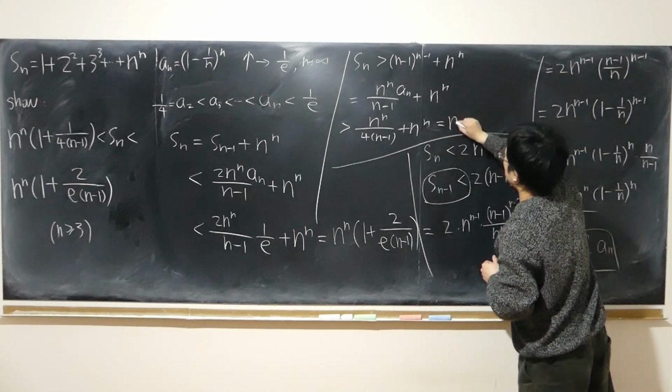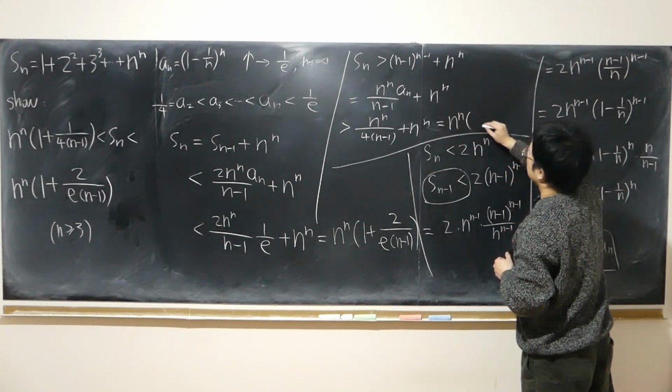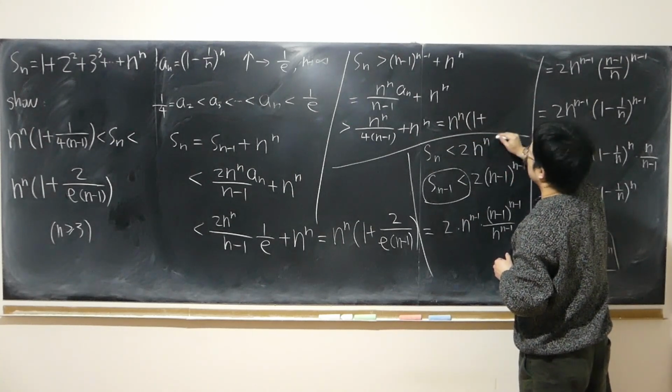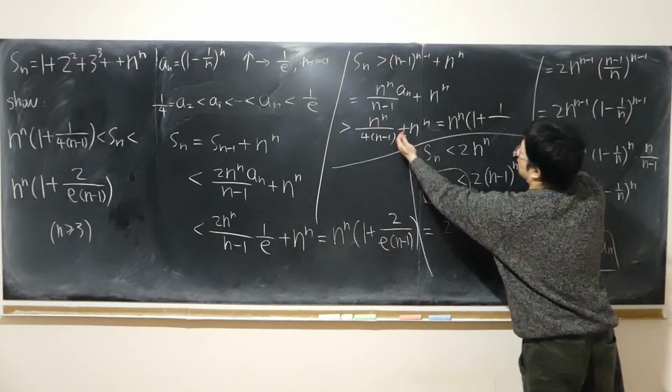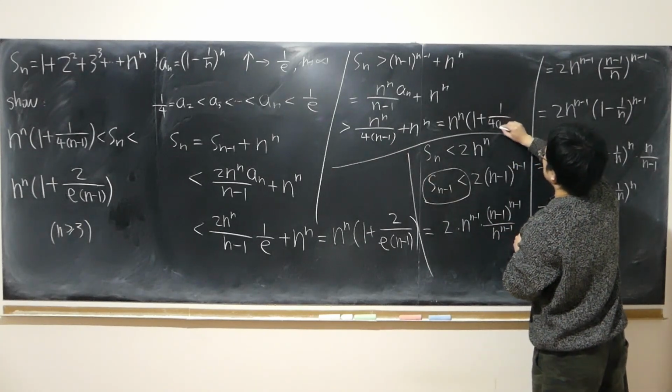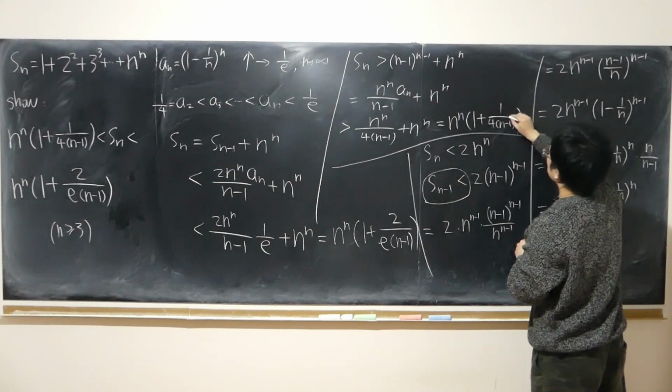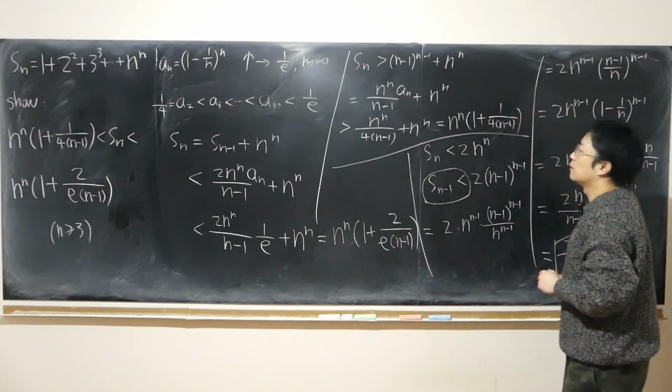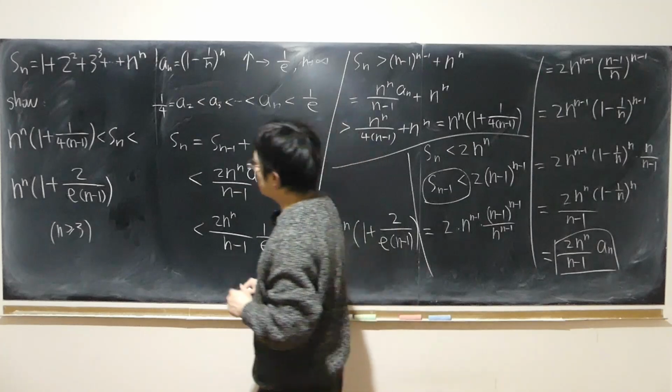That is n to the power of n factored out: 1 plus 1 over 4 times n minus 1. Right, that's exactly the left-hand side. Exactly.